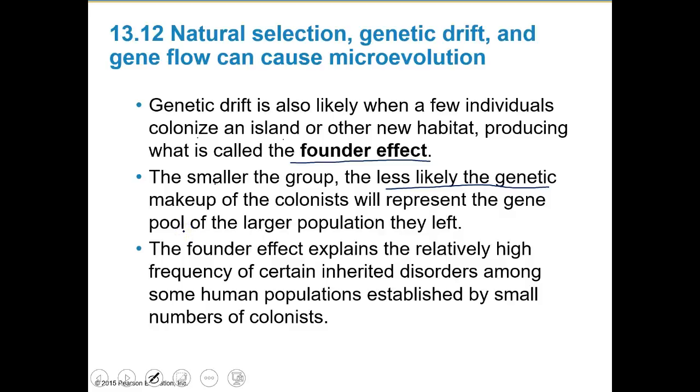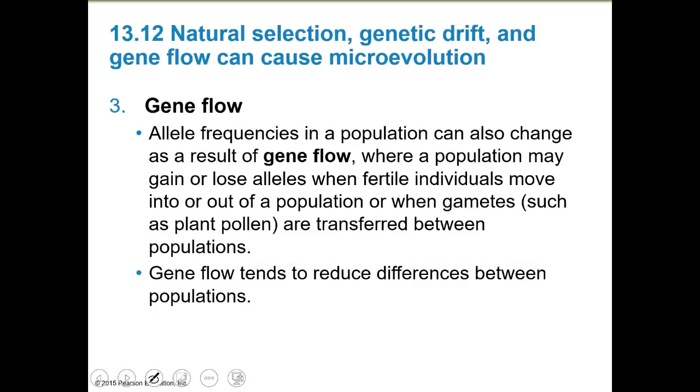The founder effect explains why a relatively high frequency of certain inherited disorders among some human populations are established by a small number of colonists. If you like history, we had the colonists come over and found a new thing over here. Well, they didn't represent the population in Europe. Okay? So there you go.